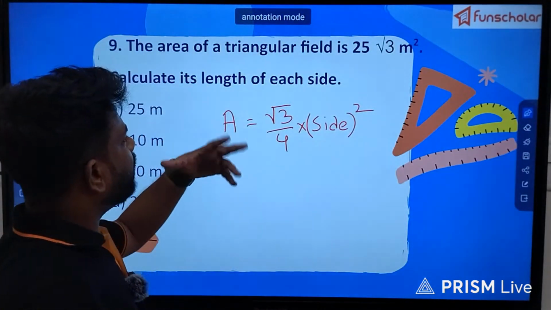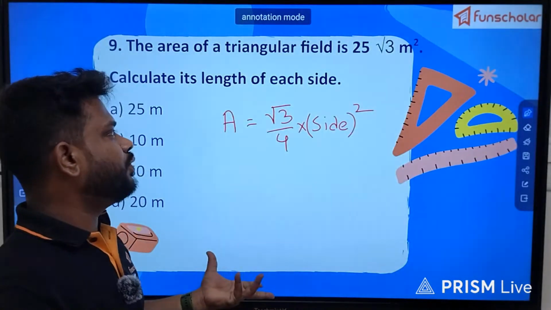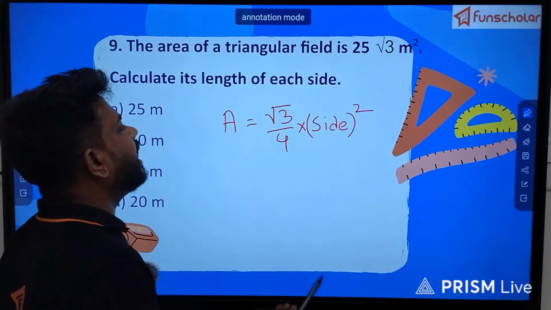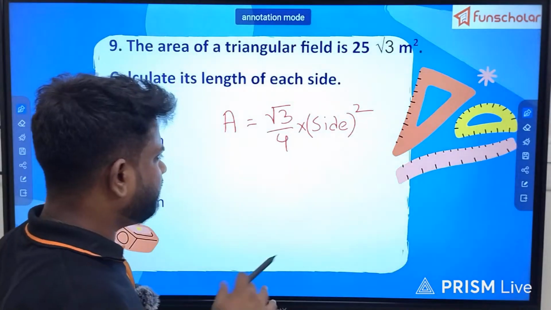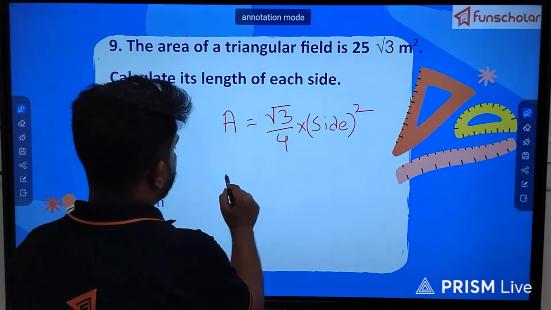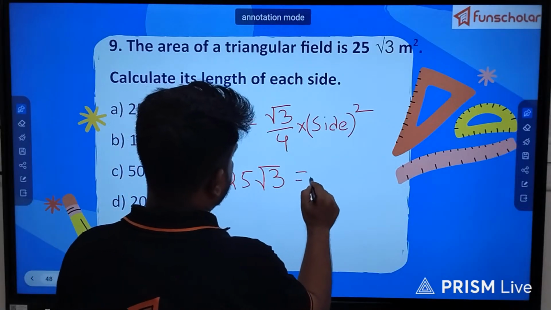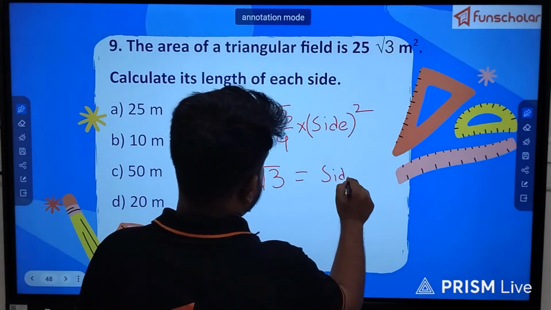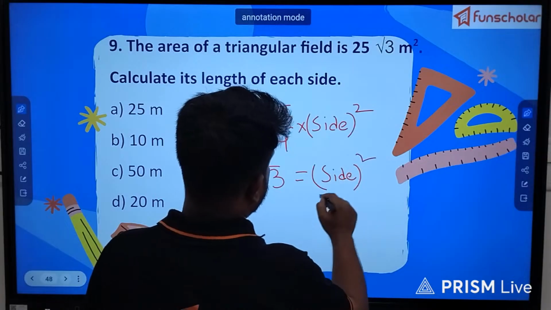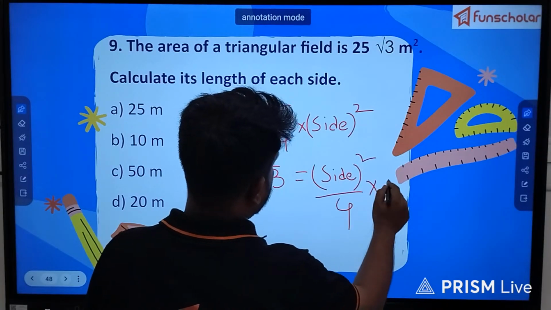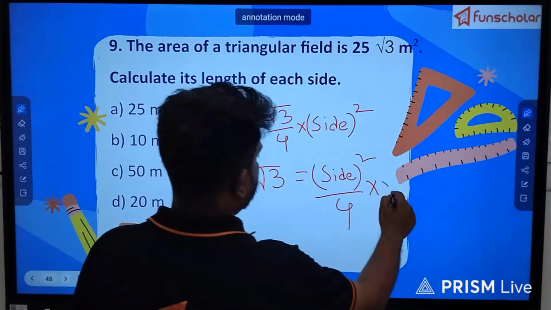For a triangular field, the sides will all be the same length. So we have 25 root 3 equals side square by 4 into root 3.